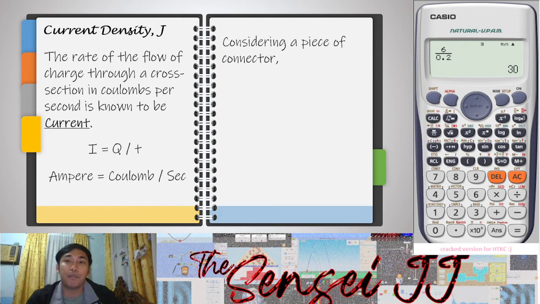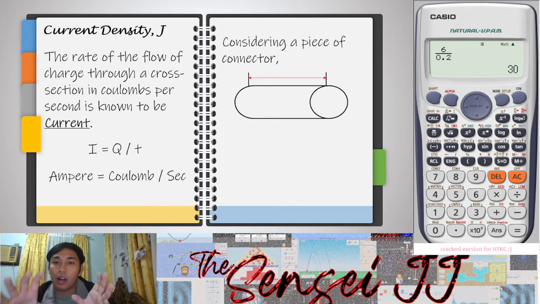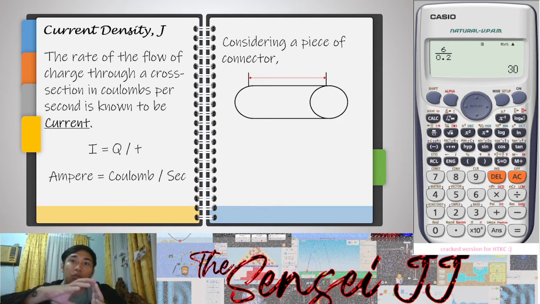So considering a piece of conductor, we have here our wire. If you are wondering, sir, why is it so big? The cross section, or the diameter of our wire, is too big. When it comes to a wire, when you zoom it in, this is what it looks like.